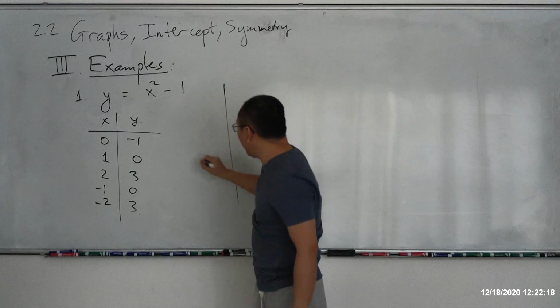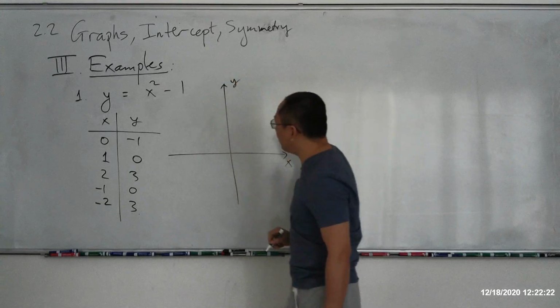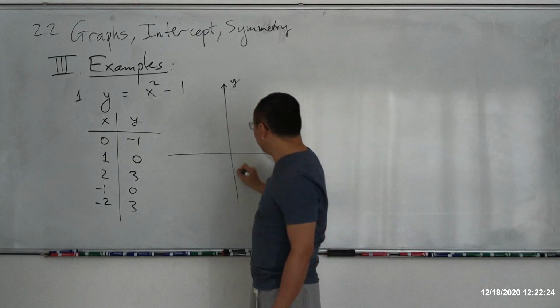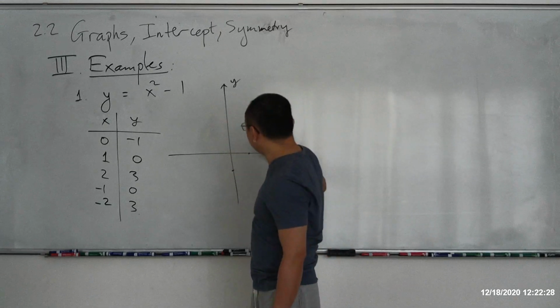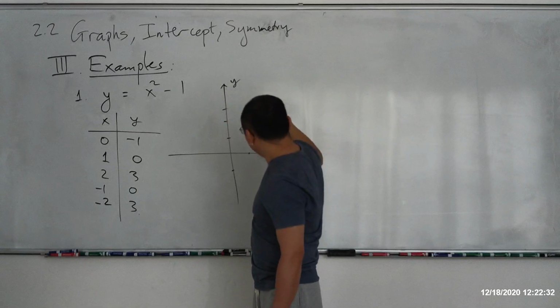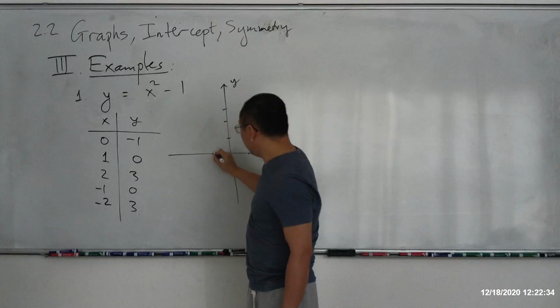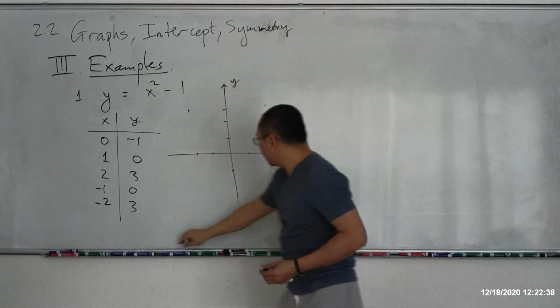And I can sketch a graph, see how it looks. X-axis right here, y-axis right here. X is 0, negative 1. X is 1, 0. X is 2, 3. X is -1, 0, and -2, 3. And let me use green color this time.